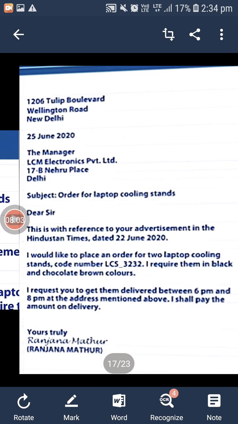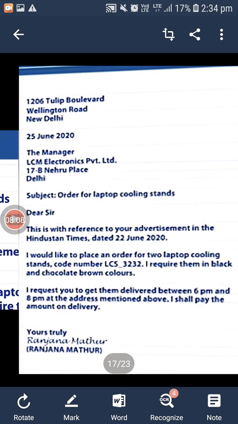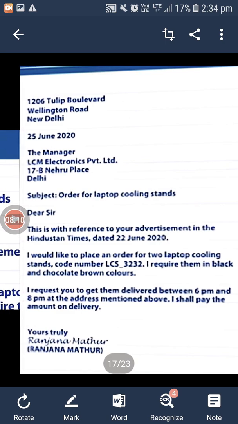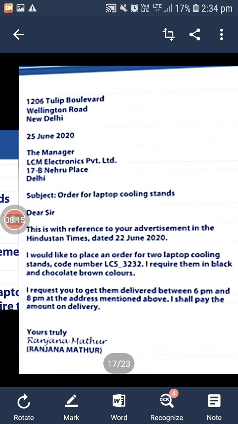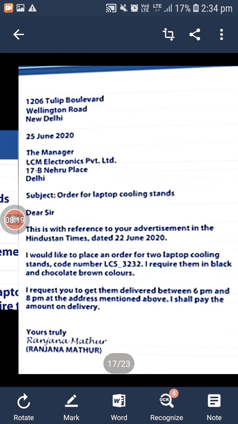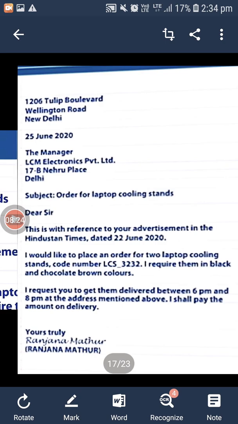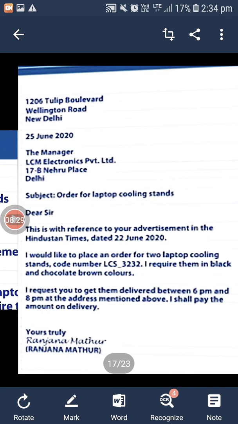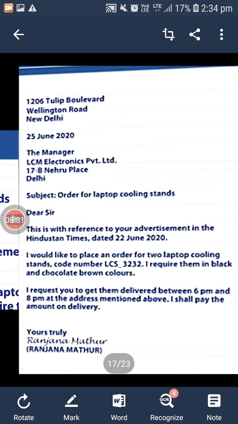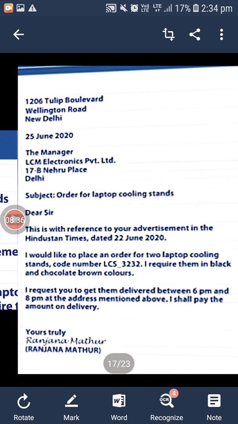In the main body, first will be the introduction, then the detailing, and the third will be your conclusion. You are putting your requirements here, giving the extra details, and in the concluding part again you are requesting. I request you to get them delivered between 6 p.m. and 8 p.m. So you are mentioning the time over here. I shall pay the amount on delivery. So cash on delivery, COD, you have mentioned.